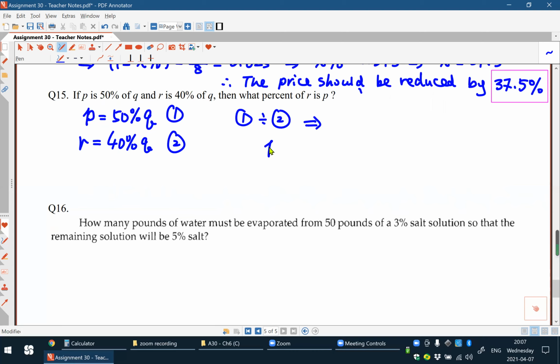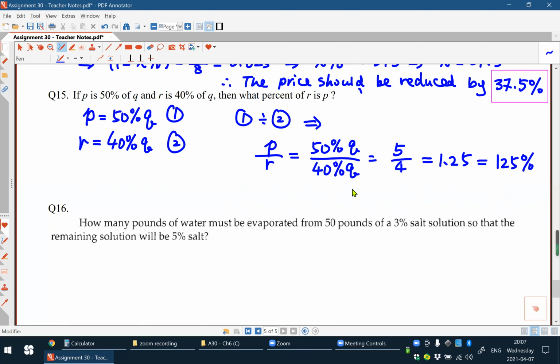This will give us P over R is 50% of Q over 40% of Q, which is 5 over 4, which is 1.25, which is 125%, right? Okay, so the conclusion is 125% of R is P.